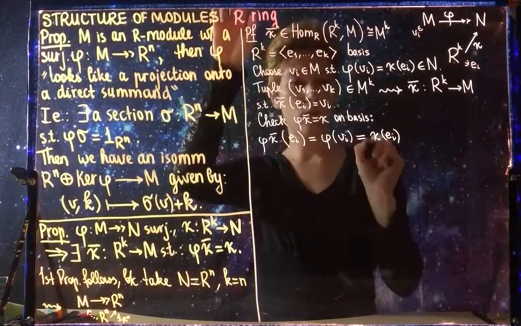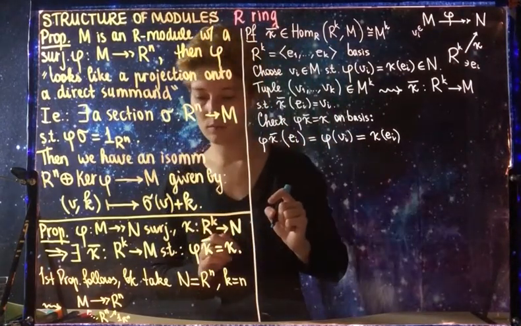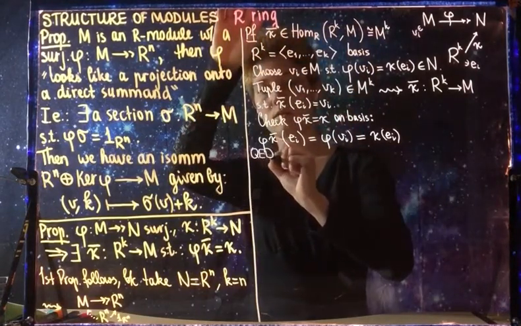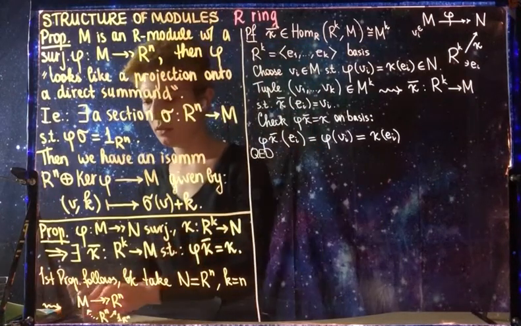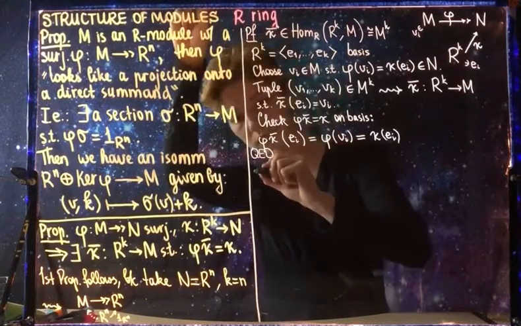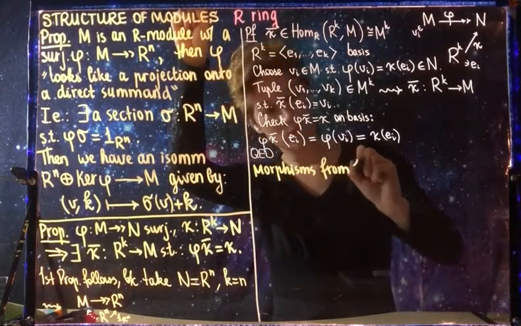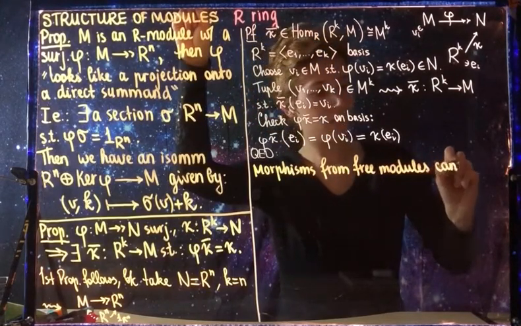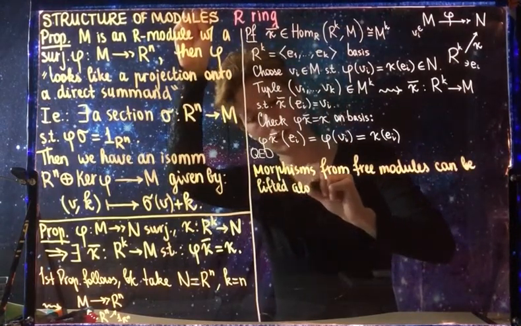And so they coincide on the basis, and so we have this equality of homomorphisms. And so we can say that morphisms from free modules can be lifted along surjections.